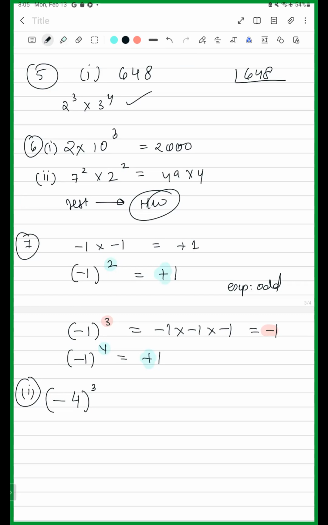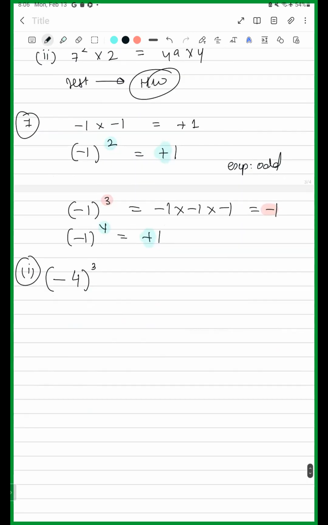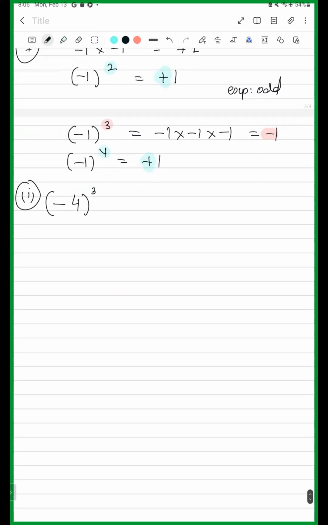Let's do the fourth part of this question. The second and third you can do as homework. What about the first one?